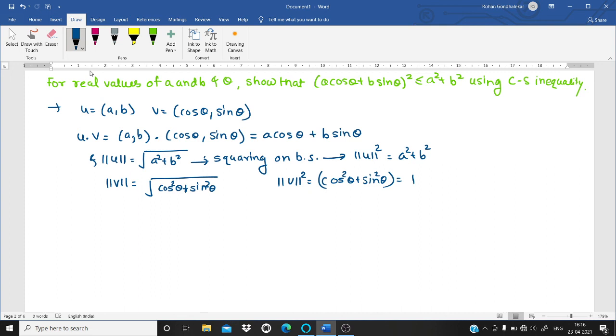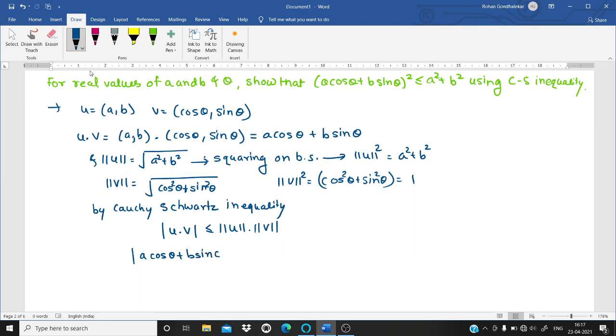Clear? Hence, by the Cauchy-Schwarz inequality, what is the statement? Mod of u dot v is less than or equal to norm u into norm v. Fine. So therefore we get mod of a cos theta plus b sin theta is less than norm u, the square root of a square plus b square, into norm v which is 1.